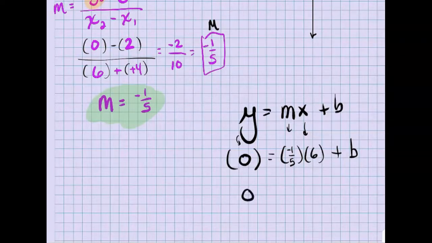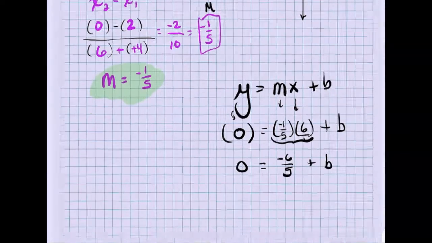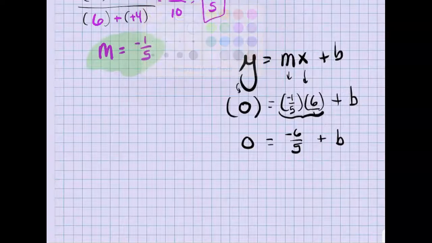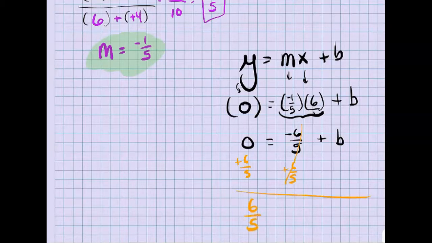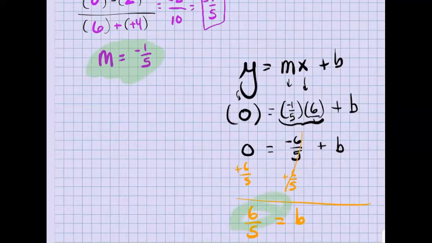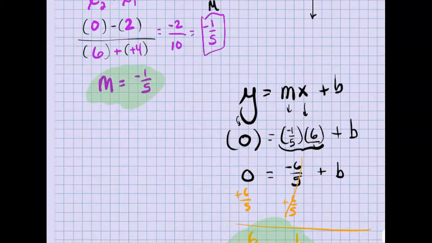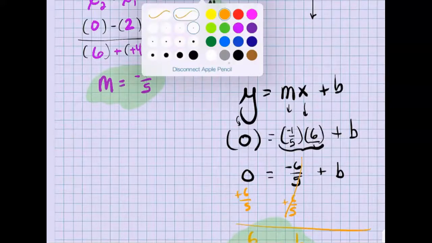So I have 0 equals negative 1/5 times 6, which is just negative 6/5. Now, though that's ugly, I'm adding it to 0, so that's always easy to do. If I add 6/5 to the other side, I just figure out that b is 6/5. Not pretty, but correct. So remember, you're done.